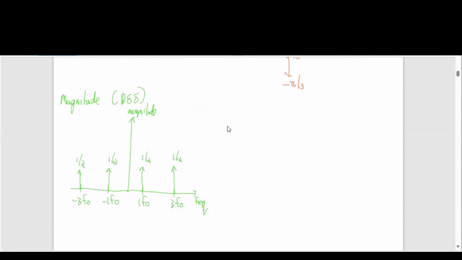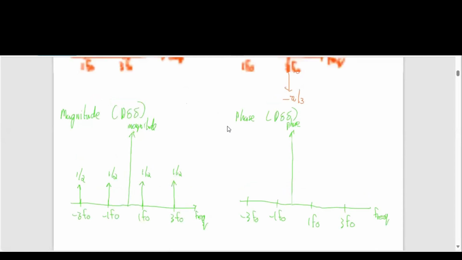Yeah, and then the phase, so double-sided spectrum. We know it's the same axis, with the same harmonics. So we have 1 F naught, 3 F naught, minus 1 F naught, minus 3 F naught. Let's label my axes one time: frequency, phase.